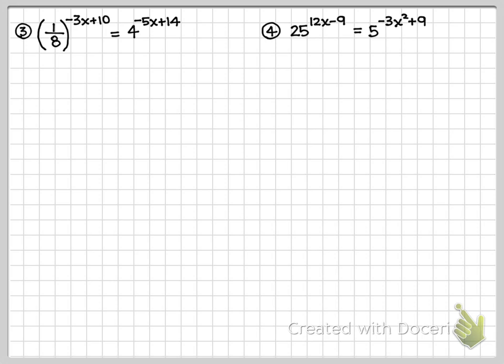Okay, question number 3 and 4. Same idea. They're just a tiny bit more complicated. It's like another wrinkle to this. If we take a look at question number 3, the biggest issue that we have right now is that the bases aren't on the same level. So think about the level. Like this 4, if it was in a fraction, would be on the top of the fraction. Well, if you look at this fraction, there's a 1 on top.